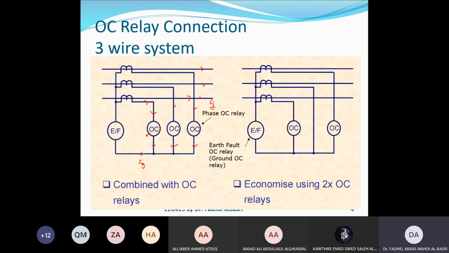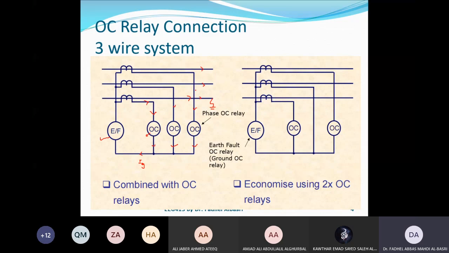But during a line to ground fault, I have a current. If you sum these 3, it will not be 0, so there will be a current flowing in the earth fault relay, and this also will detect that there is a ground fault and will operate. So these two will operate during earth fault. However, this is much more sensitive than this to detect ground faults. I will show you later why.